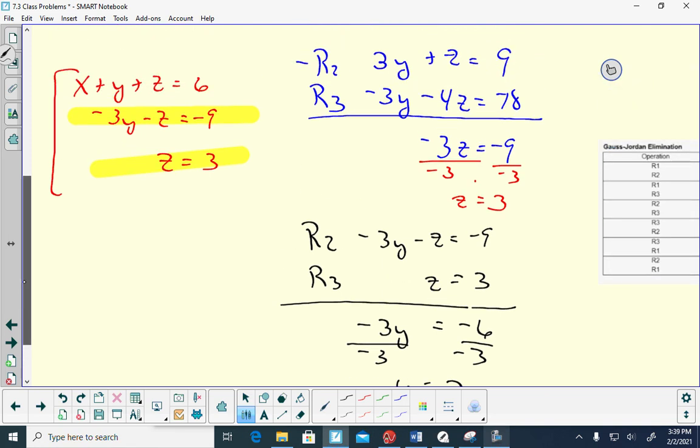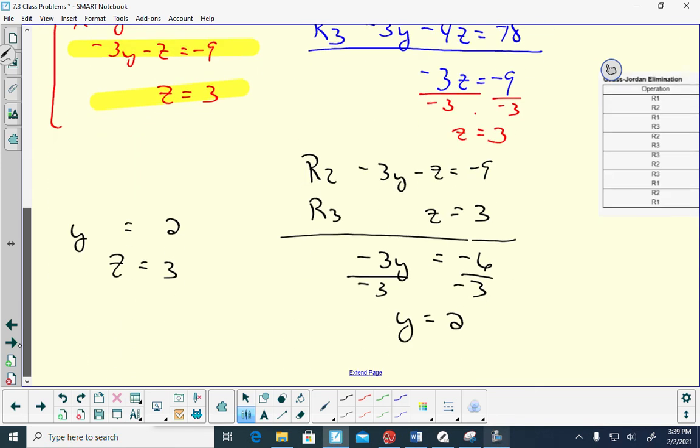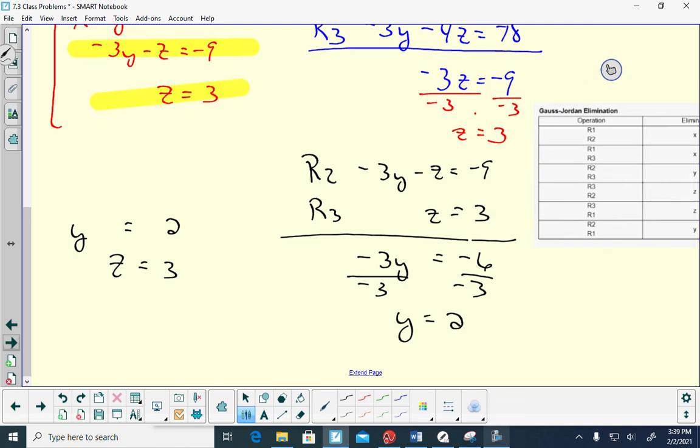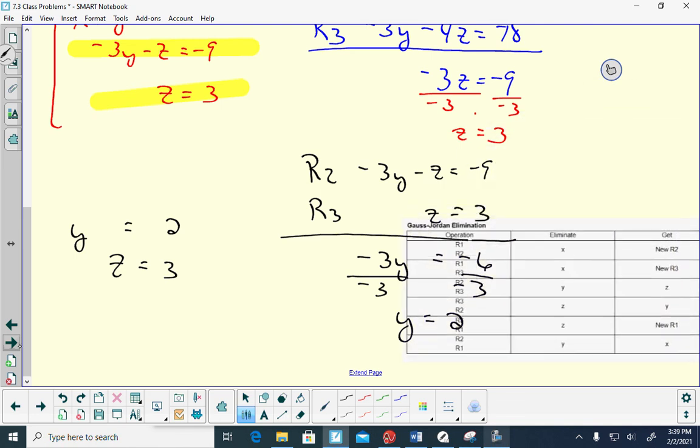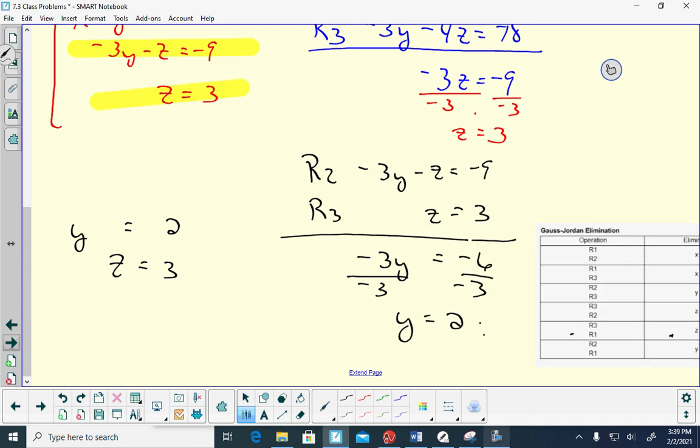So now I know that z is equal to 3. I know y is equal to 2. And now I have to find x. So to find x, I'm going to have to do two things. The first thing I'm going to do is row 3 and row 1 to eliminate my z, and that's going to give me a new row 1.